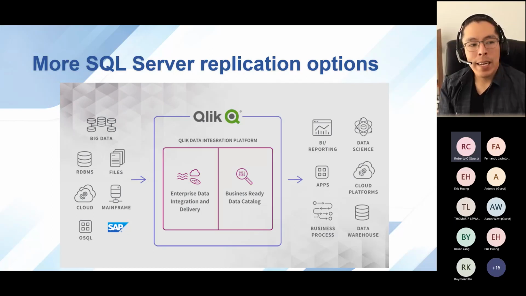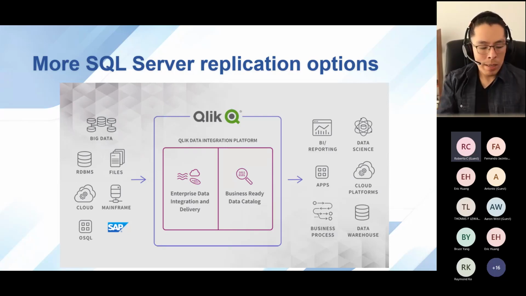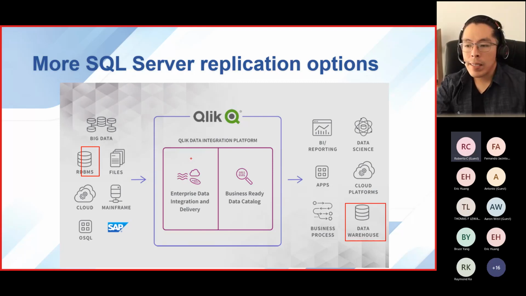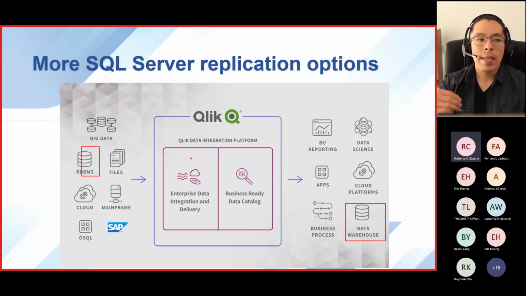But Qlik has also some integration tools where you can work connecting to your relational database management system and move it to something that could be, for example, your data warehouse. You can work with Qlik integration to continuously move the data that comes from SQL Server on-premise to an Azure data lake, for example. And this is going to orchestrate all the movement, right?